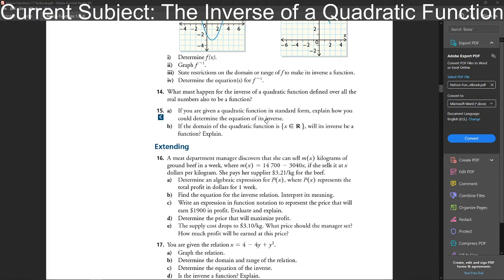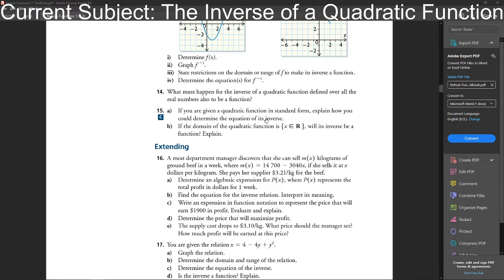If you were given a quadratic function in standard form, explain how you could determine the equation of the inverse. So let's say you get x squared plus x plus 1. Well, you could always put it into vertex form and then solve.